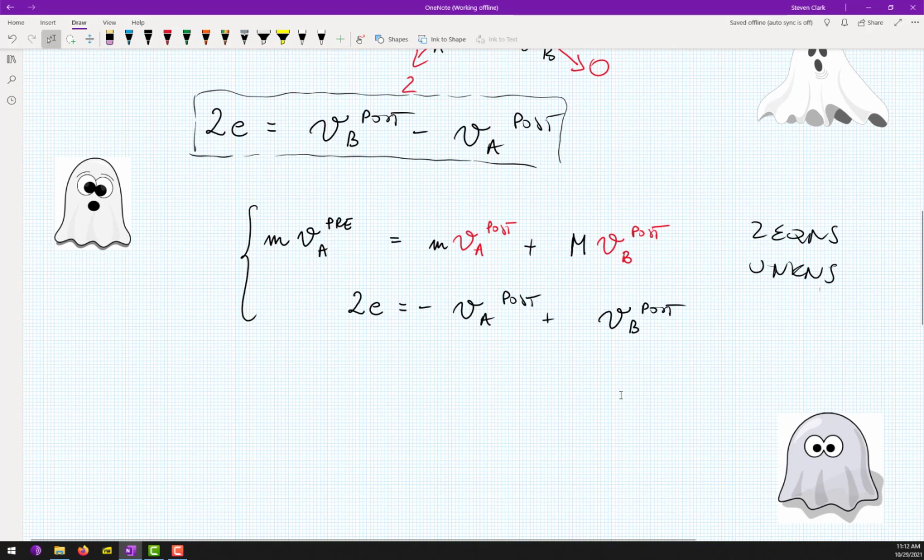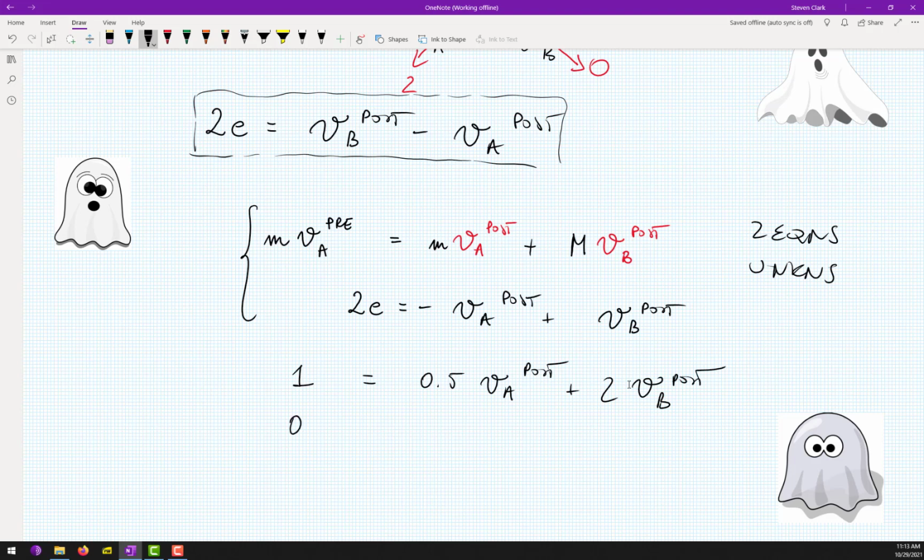Let's do it. Let's plug in values and let's see what will happen if we are able to find it. So if I plug in values, we'll end up with 1 is equal to 0.5 VA post plus 2 VB post, and this will be 0.8 minus VA post plus VB post.